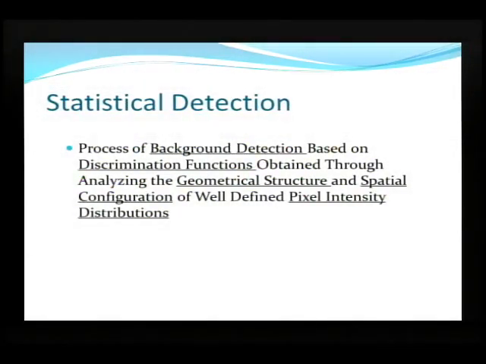So a third approach that we plan on trying is the statistical detection of the background. Just a basic outline of what we're doing is the process of background detection based on discrimination functions obtained through analyzing the geometrical structure and spatial configuration of well-defined pixel intensity distributions.